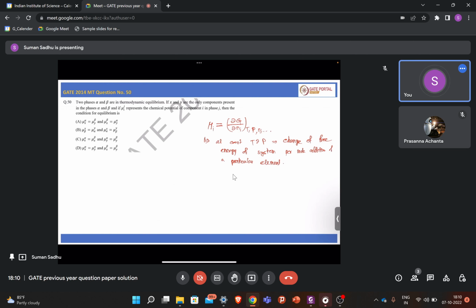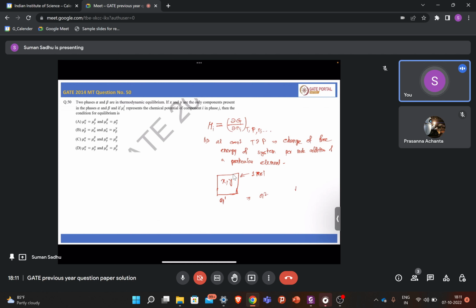Let's say you have a system of A and B, or let's say X and Y. Now you add 1 mole of X in this system. Initially its free energy was G1, and after addition of 1 mole of X, its free energy will be G2.